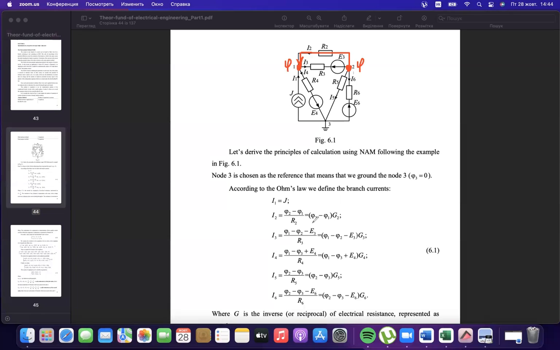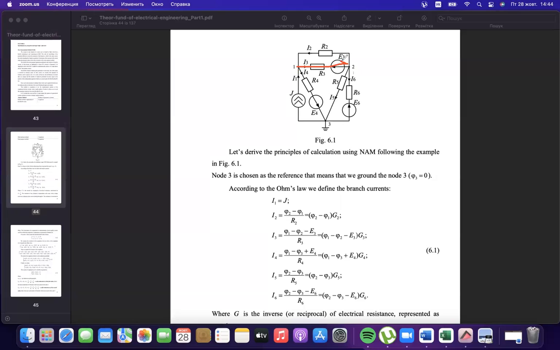And current equals potential difference divided by resistivity, or multiplied by conductivity, as conductivity is the opposite value. The same we could write for any other branch in such a circuit.